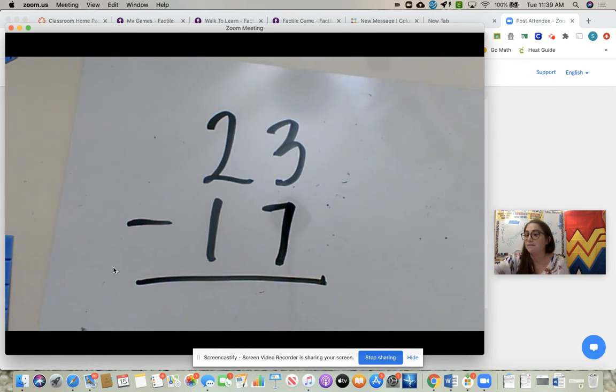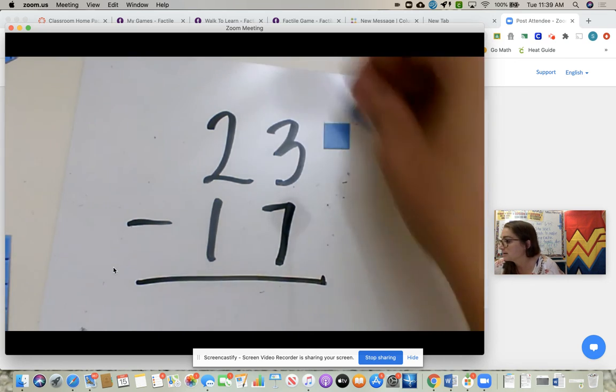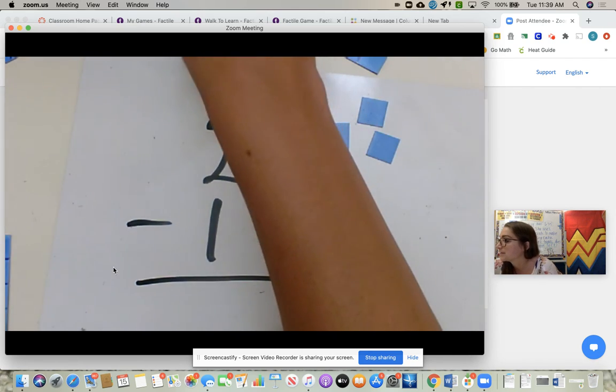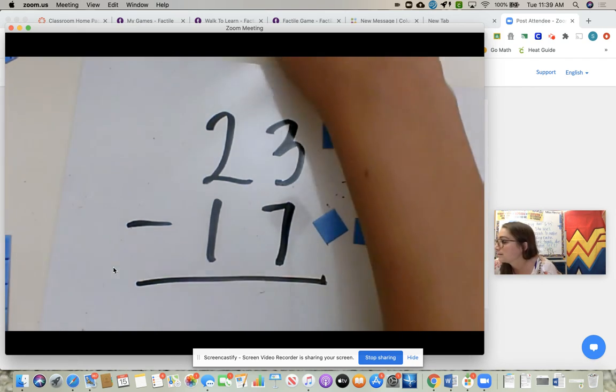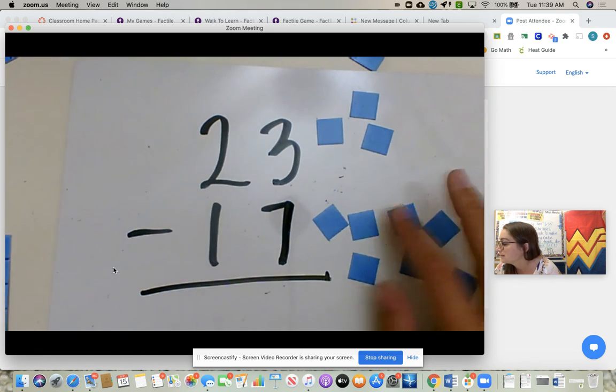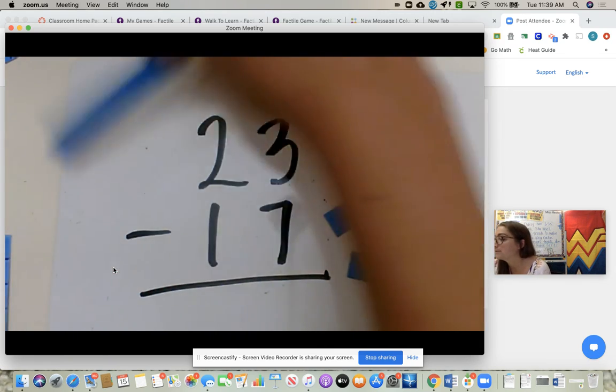So if I have 3 sticks, can I take 7 away? No, I can't. If I put 3 here, I have 7 on the bottom. 3, 4, 5, 6, 7. I cannot take 7 away from 3. So I'm going to need to borrow.